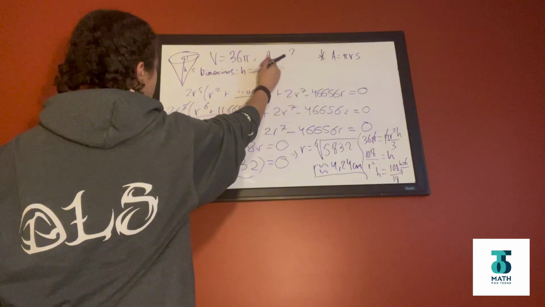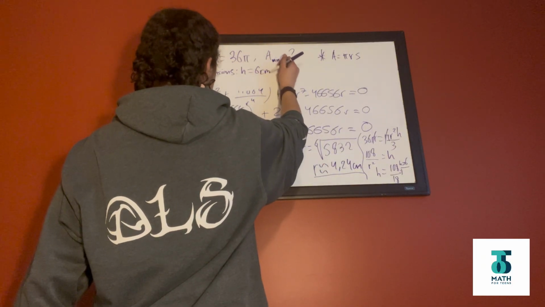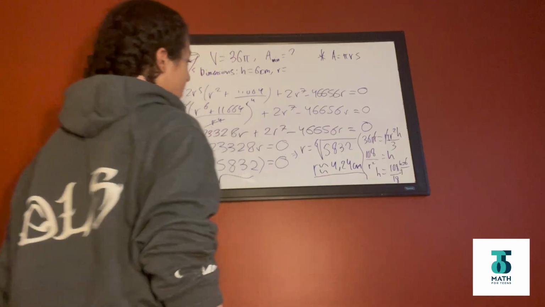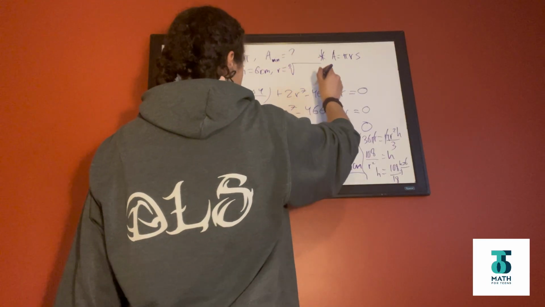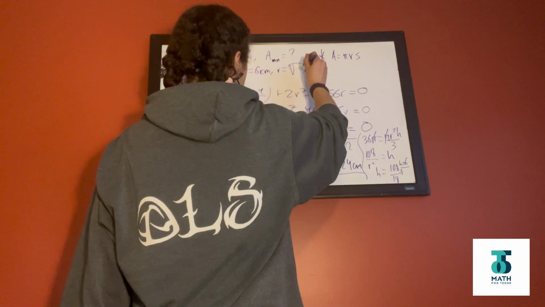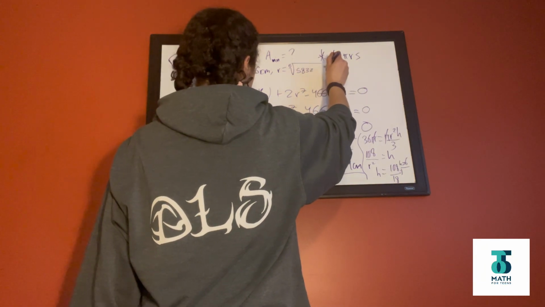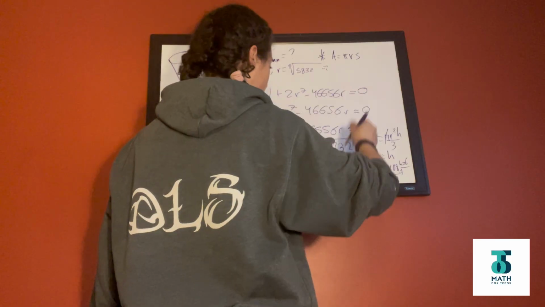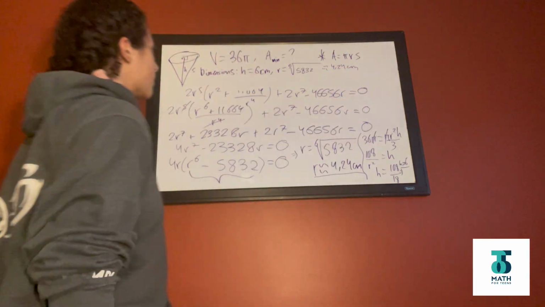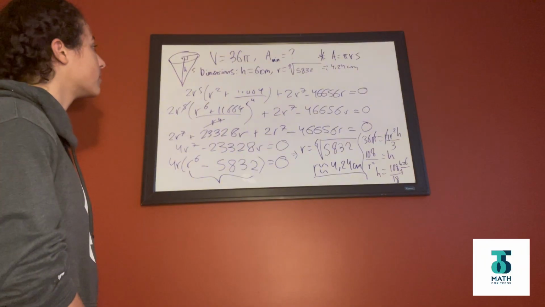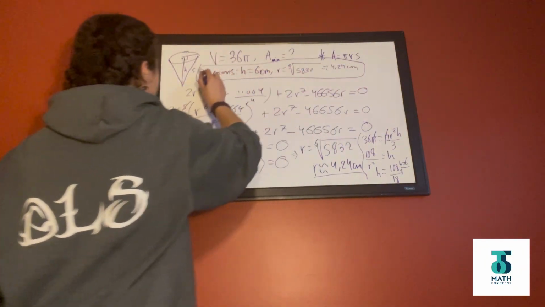So h equals 6 centimeters and r equals, I don't know if you guys like going with exact or non-exact, the 6th root of 5,832, which is approximately 4.24 centimeters. And put that in a phrase.